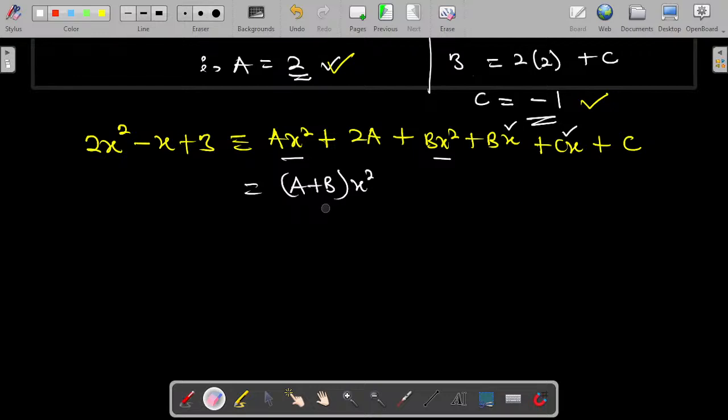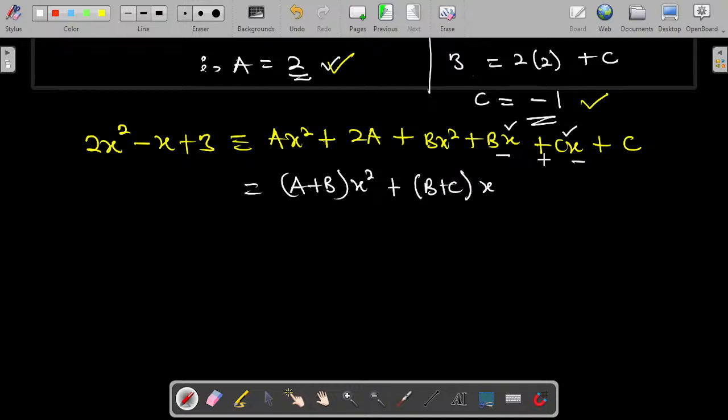So here after expanding, I've gathered the x squared. In fact, let me follow it sequentially so that I will not be jumping steps. Okay, let's gather the x. So here x, bx and cx are carrying x. Let's put it together. So we are going to have (b plus c) into bracket x.